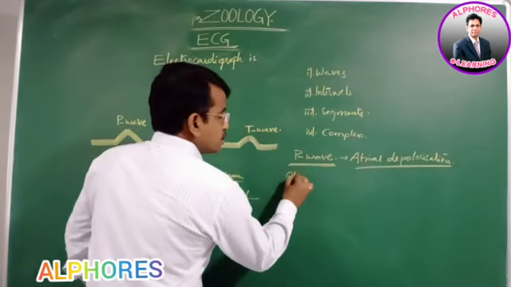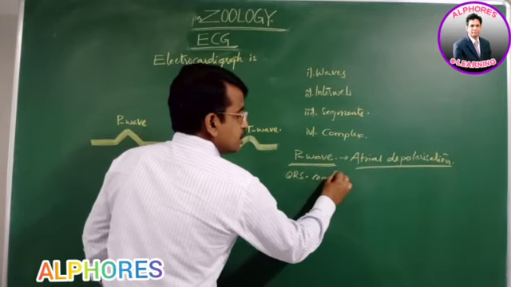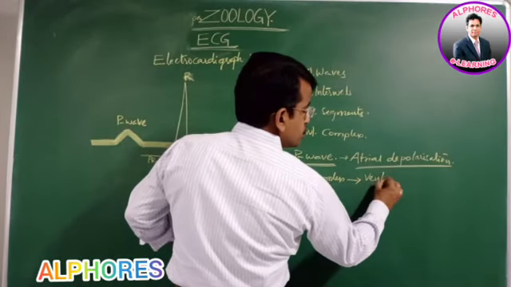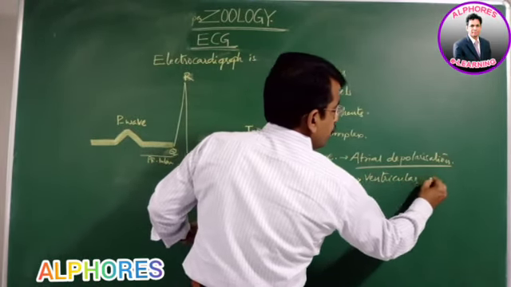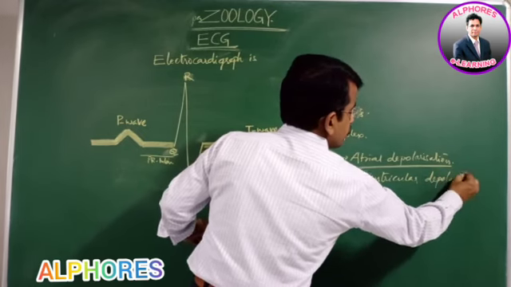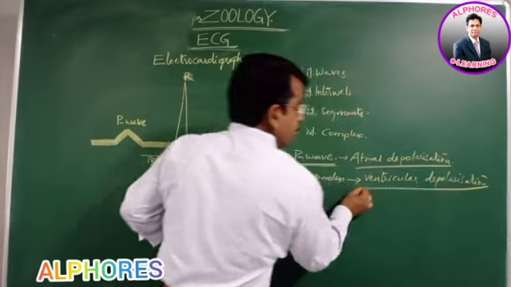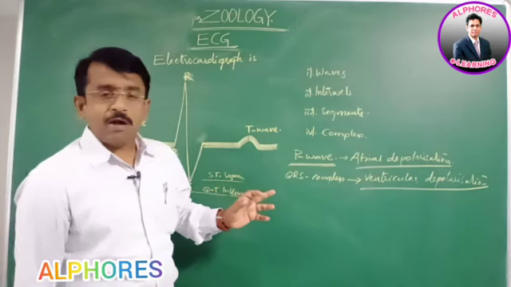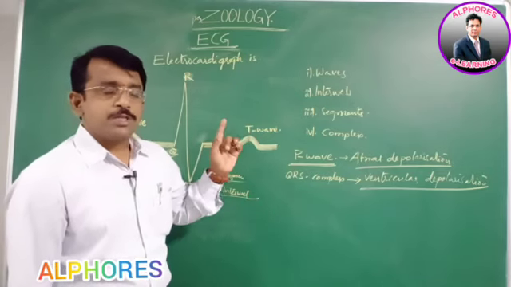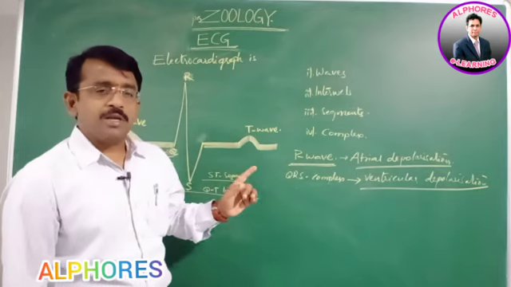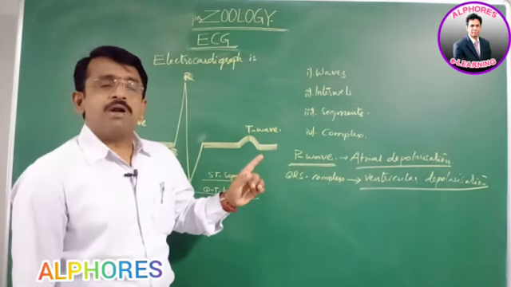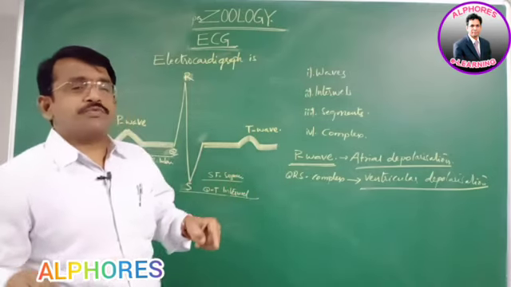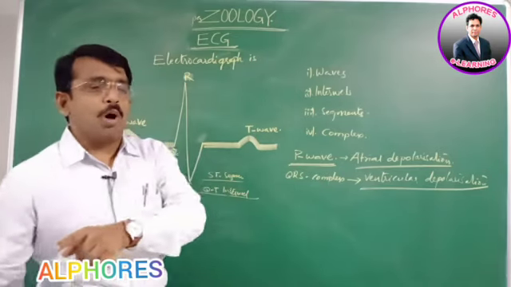Next, the QRS complex refers to ventricular depolarization. That is, it includes the sending of action potential from SAN to AVN to the bundle of His, which bifurcates through minute fibers named the Purkinje fibers to the walls of the ventricle.